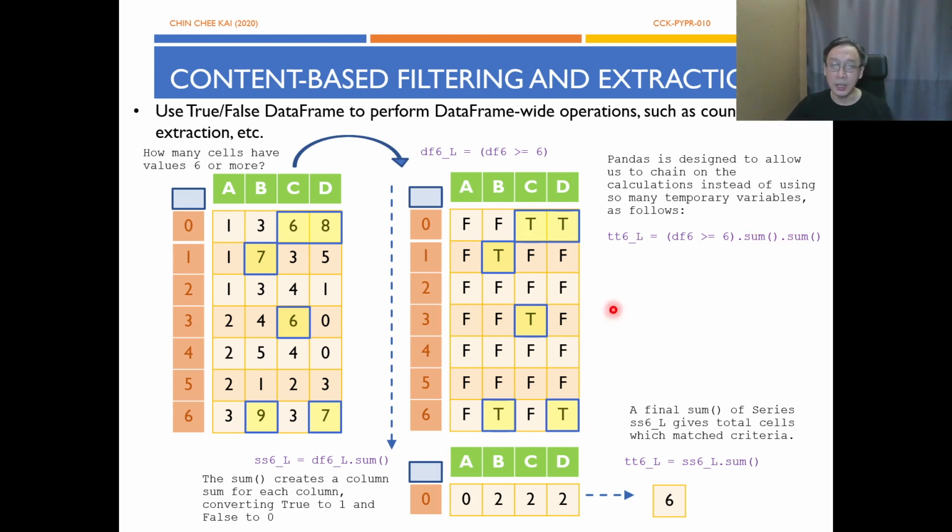So the dot sum essentially is to add up all the truths. How many truths are there in the mask data frame? Because truths are ones. Okay, so I hope you get to see in this slow motion analysis how pandas dot facility here allows us to very easily express what we want as a chain of filtering.